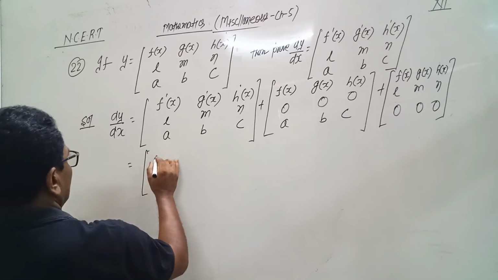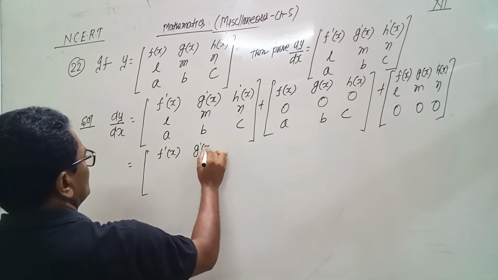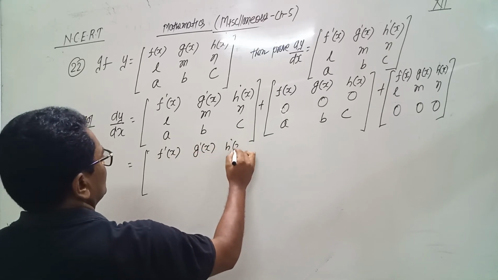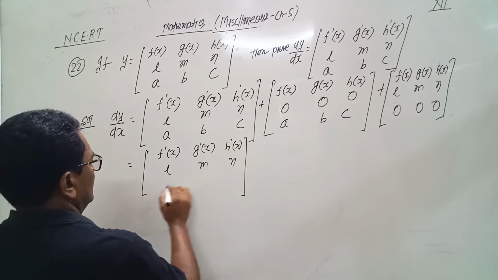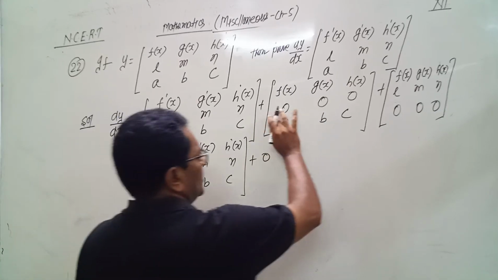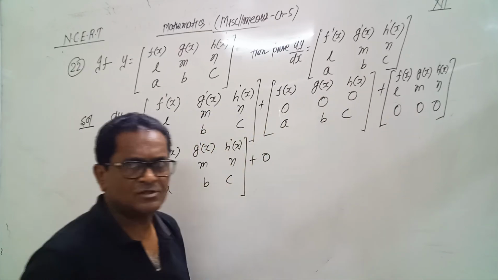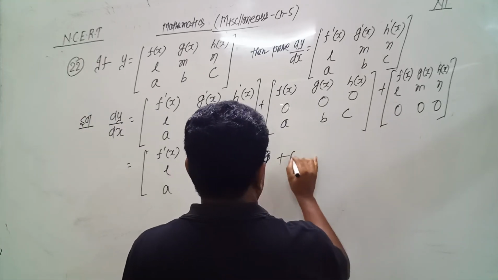So we will write f'(x), g'(x), h'(x), and L, M, N, A, B, C. This expression becomes 0 because the second row is completely 0, so the whole expression becomes 0, and this will also become 0.